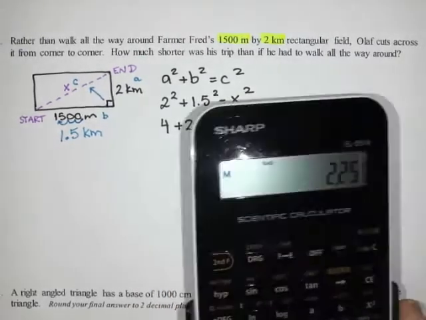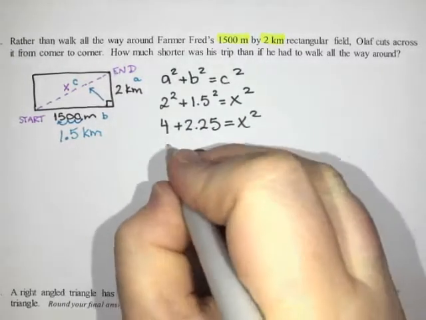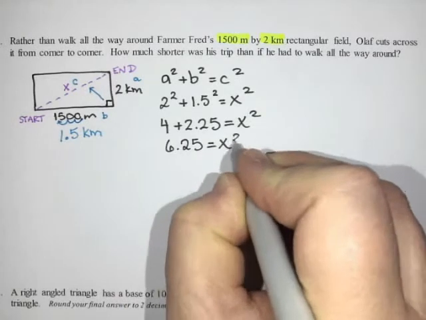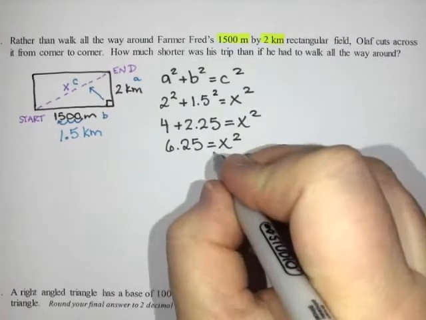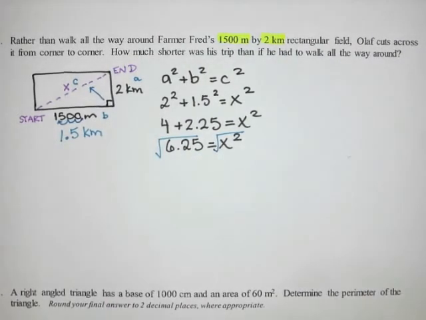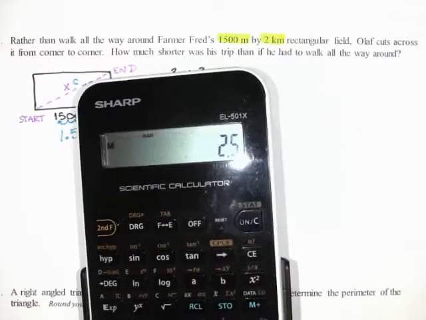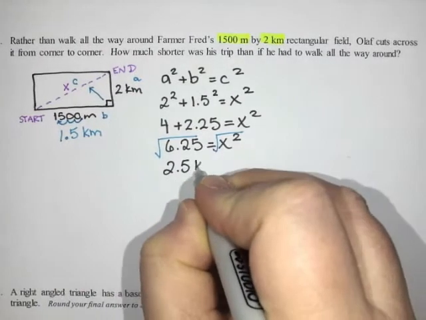If I add 2.25 and 4, that gives me 6.25. That equals X squared. And then to solve for just X, I'm going to cancel out that square by doing the inverse operation and square rooting. The square root of 6.25 is 2.5. And that is kilometers.